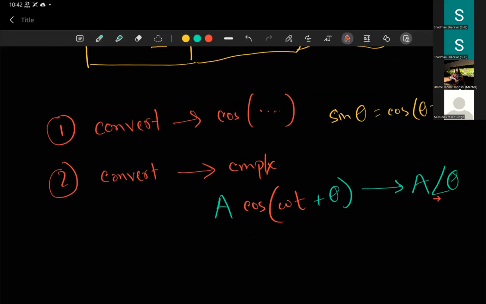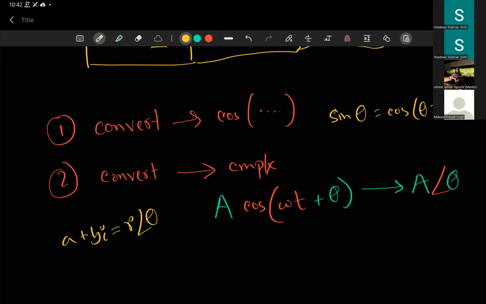If you remember, A angle theta is one way to write a complex number. Most of you are familiar with the A plus Bi format, but there is another way to write complex numbers, that is R angle theta.